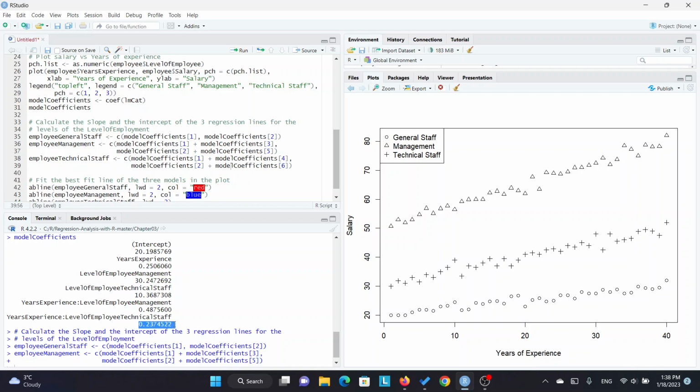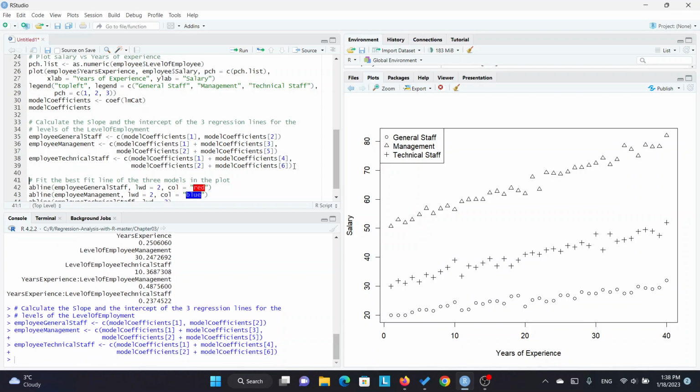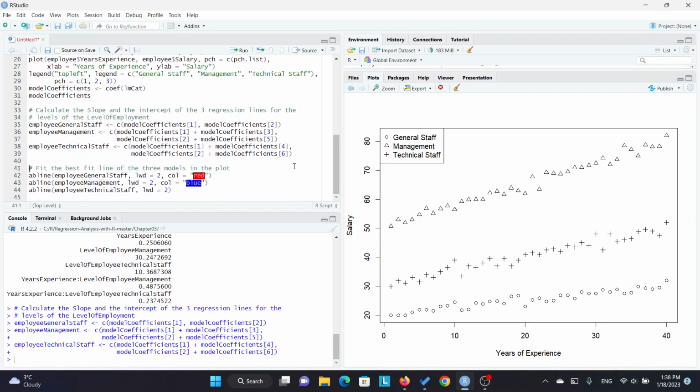So that's going to be 0.2374522. Okay, let's run that. All right, now we have the intercept and the slope for all the regression lines for all three of the different levels of employees: general staff, management, and technical staff. Let's fit the best fit lines to our plot here.